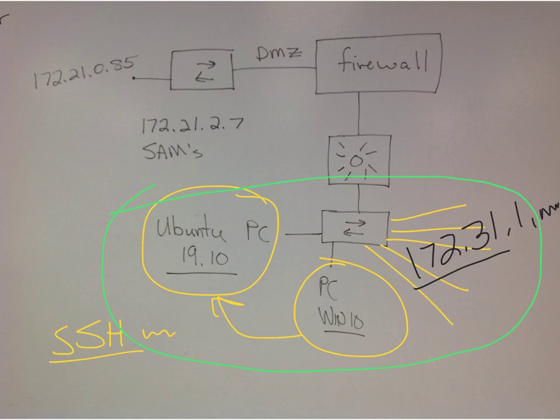Now there's a few machines that are connected to the DMZ. That's where this work server number 2 is located. Those machines are on a separate network, 172.21.